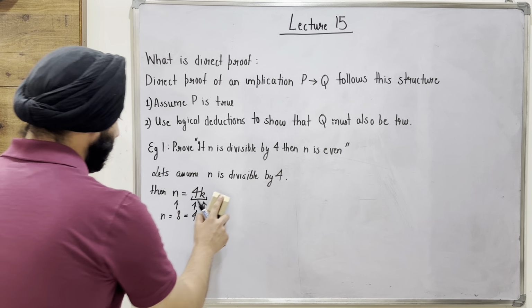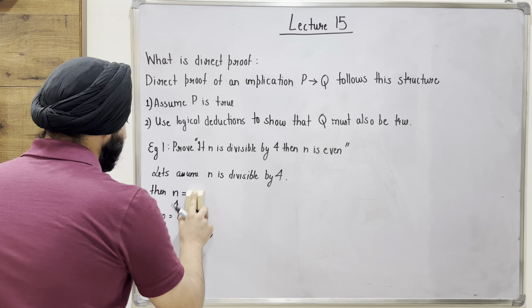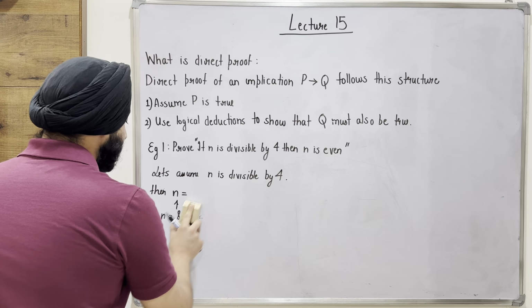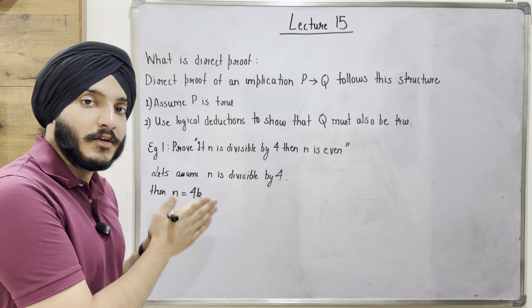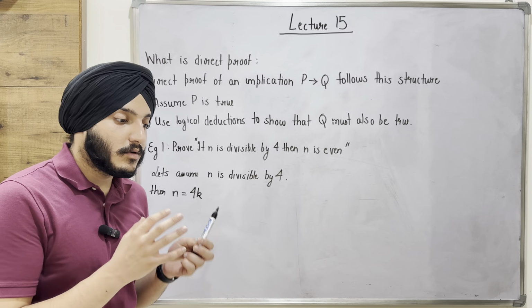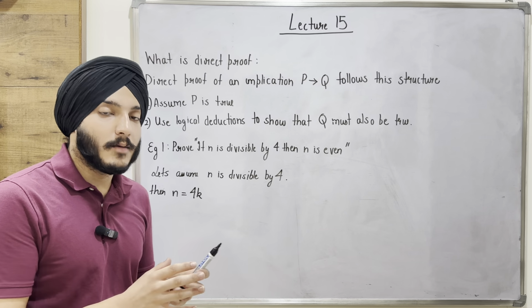Moving on. Using my assumption, I figured out that I can write n as 4k. It's very important to understand that I write down what this value k is. Just like I said in the previous video, whenever we are writing down proofs, I need to talk about everything that I'm writing down. Any assumptions that I'm making and any values that I've introduced, I need to introduce and explain very clearly.